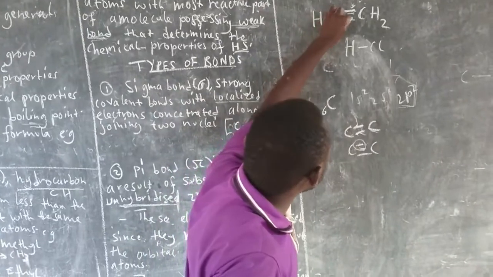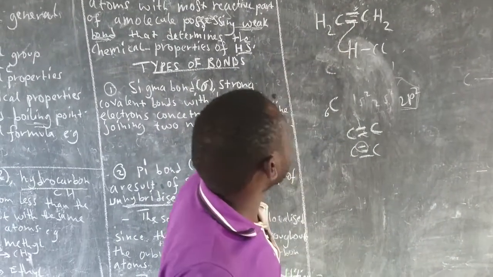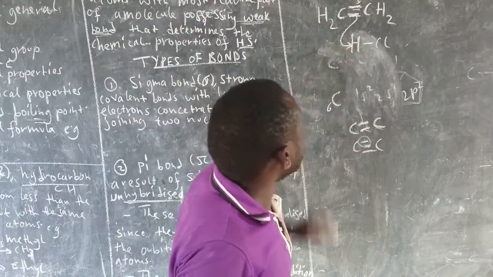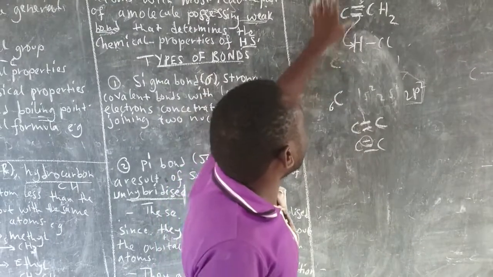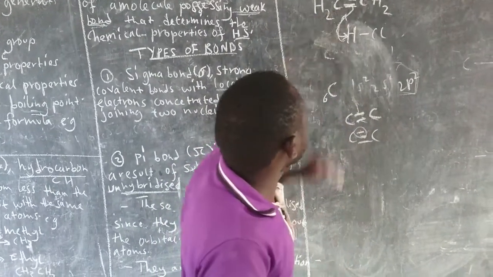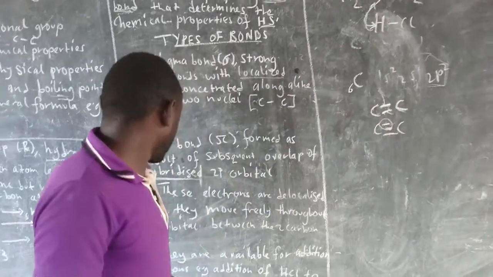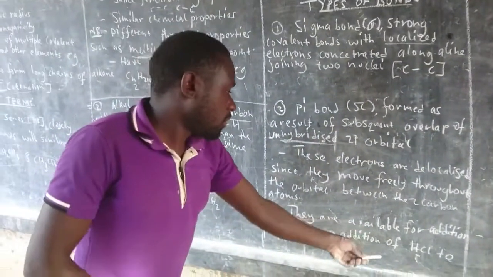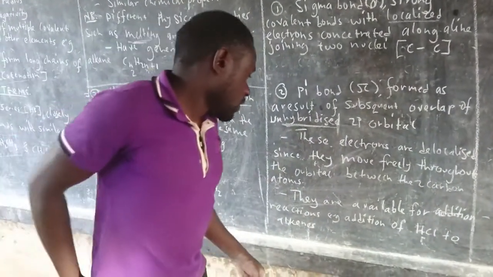So it can move and pick this hydrogen ion. This means that the double bond can allow addition reactions, so that they are available for addition reactions.